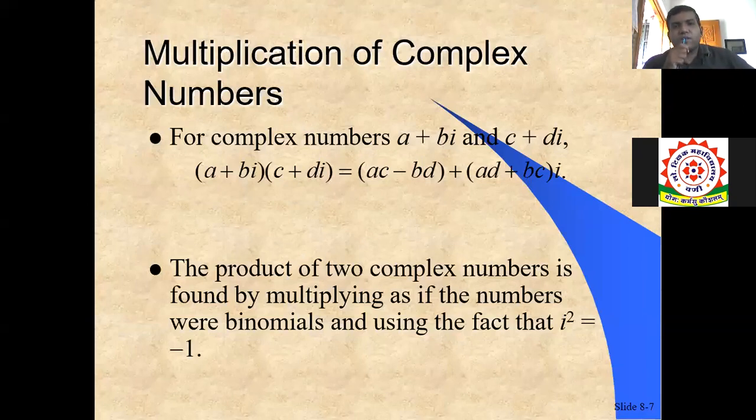Multiplication of complex numbers. Simply, there are two complex numbers a plus ib and c plus id.